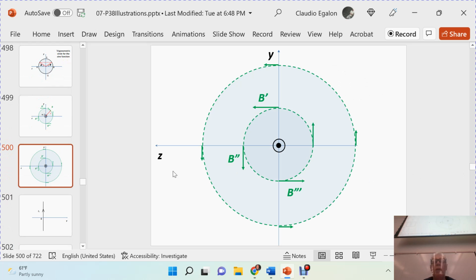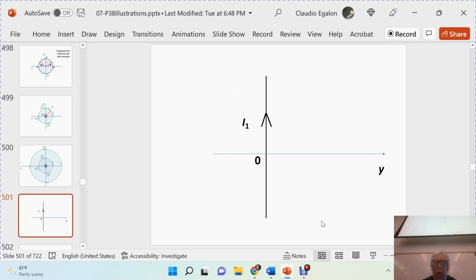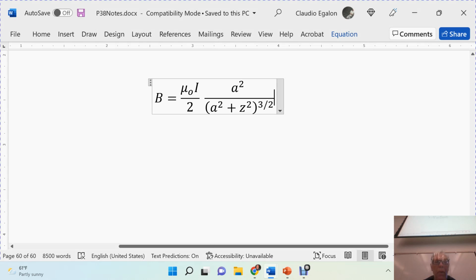As you go further and further away, the magnitude of the magnetic field decreases. So what do you get for the final formula for this problem?